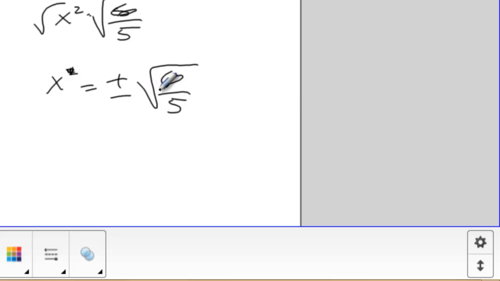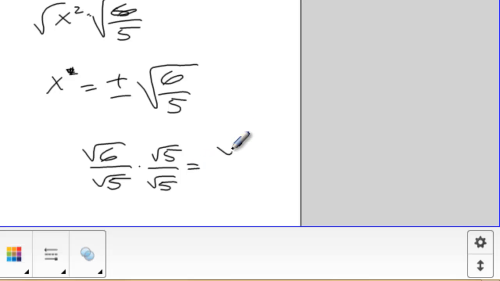Again, not algebraically proper, so I'll go ahead and rationalize that denominator, and I get the square root of 6 over the square root of 5. Multiply both the top and the bottom by the square root of 5, and I get the square root of 30 over 5.